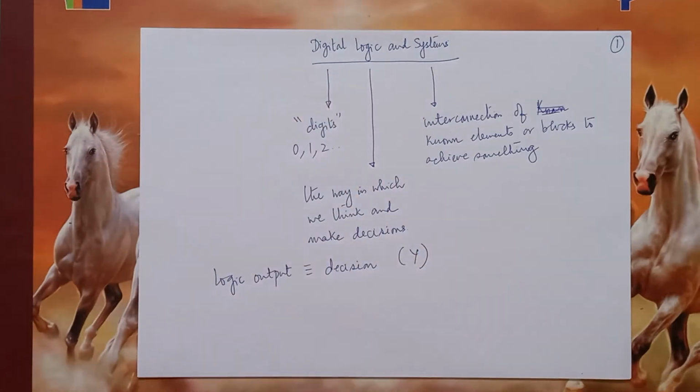And how do I arrive at this decision? If I am a logical person, I will arrive at this decision based on the information that we have, and that information must satisfy some conditions, let's say.